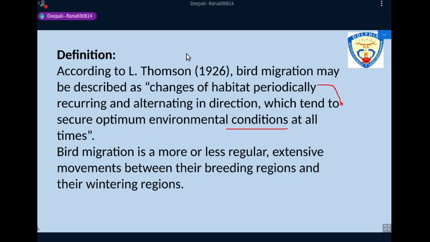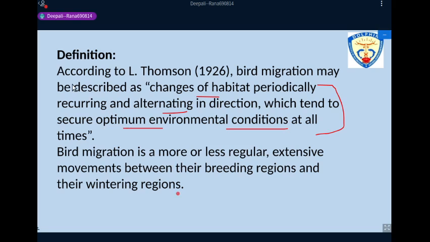So please emphasize what the author is trying to say. He is saying that changes in habitat, when the bird is going to migrate, when the animal is going to move from their home to new places, definitely the changes in the habitat will occur, and alternating in direction. That means the process of their movement will be in a to and fro manner, which tend to secure optimum environmental conditions.